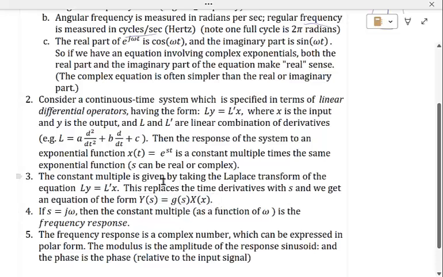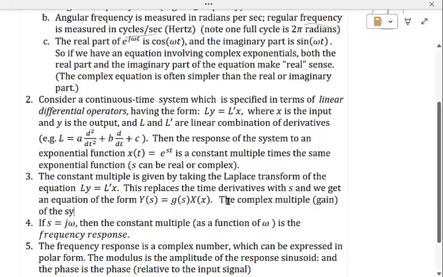So the constant multiple that I referred to in part 2 is given by this G. You can see that G depends on s, but there is a very simple procedure for finding the constant multiple.